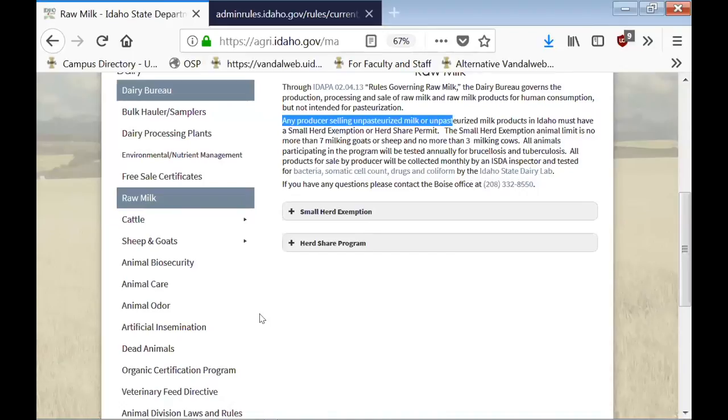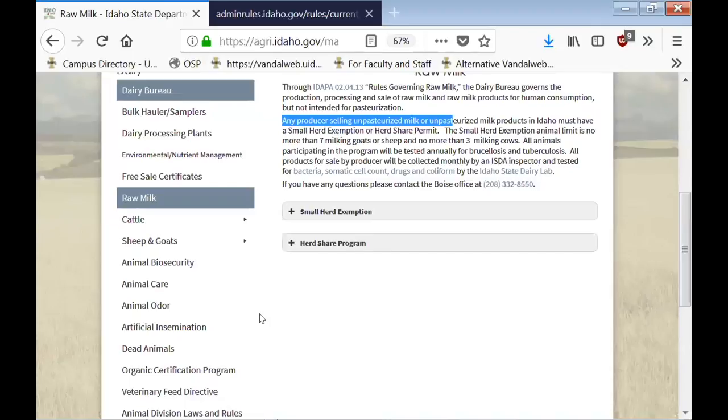And that doesn't include your house. It doesn't include the people who are non-paying guests. It doesn't include cows who are nursing calves or where the milk is being used to feed pigs or fertilize your field. But it's 3 for this purpose of selling raw milk.